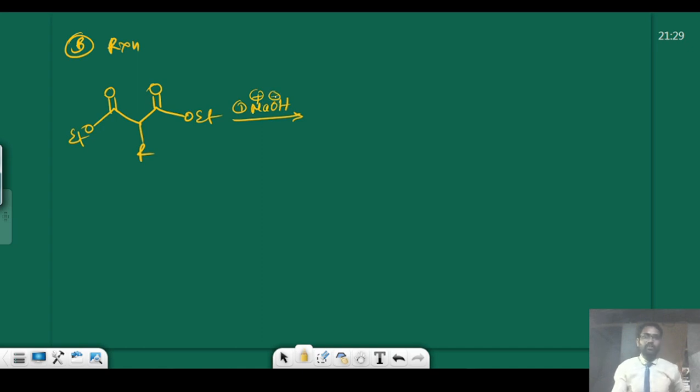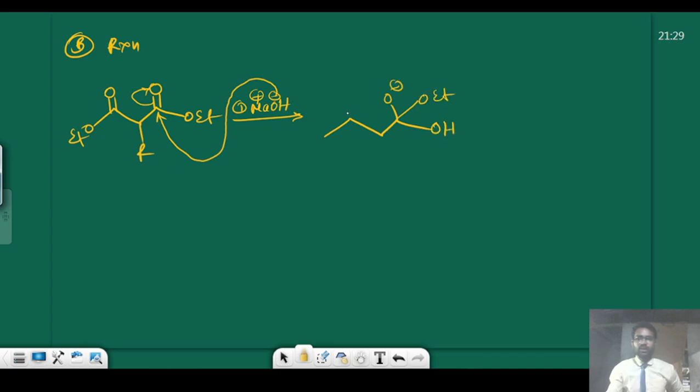So if you add base, what will happen? This is a nucleophilic base and acts as a nucleophile. It will attack the electrophilic center. This bond will open up like this, and again there is a formation of the O minus system, OEt system, and OH has attacked this particular system.